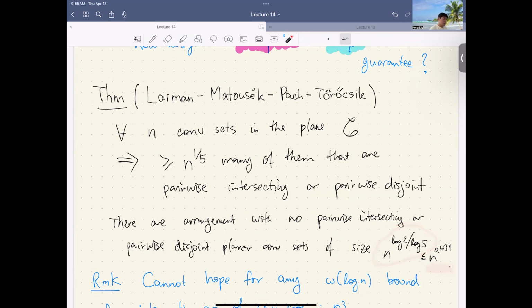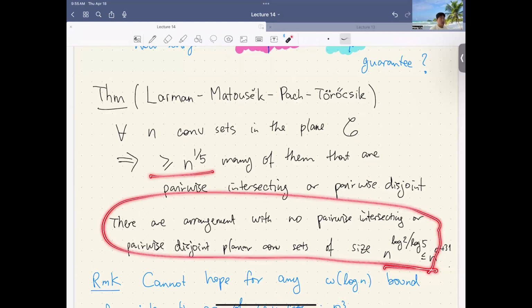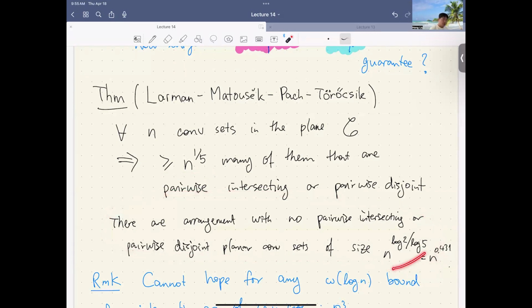Okay? So we have a lower bound and an upper bound. So how do we construct this thing? We look at the intersection graph of planar convex sets. We will find the graph in which the largest clique or independent set is of this size. And this graph can be realized as a planar intersection graph of planar convex sets.